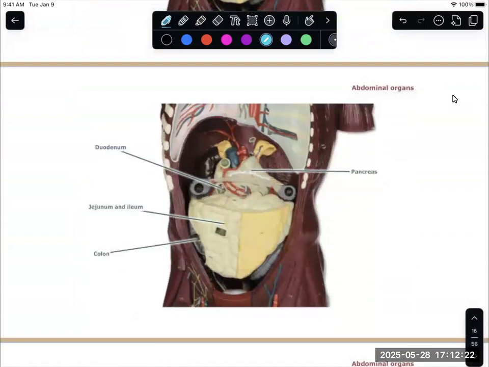Now, if we take out more, this labels this as the ileum and jejunum. There's that duodenum. But the jejunum is more upper area, and the ileum is more that bottom area. You can also see that pancreas.